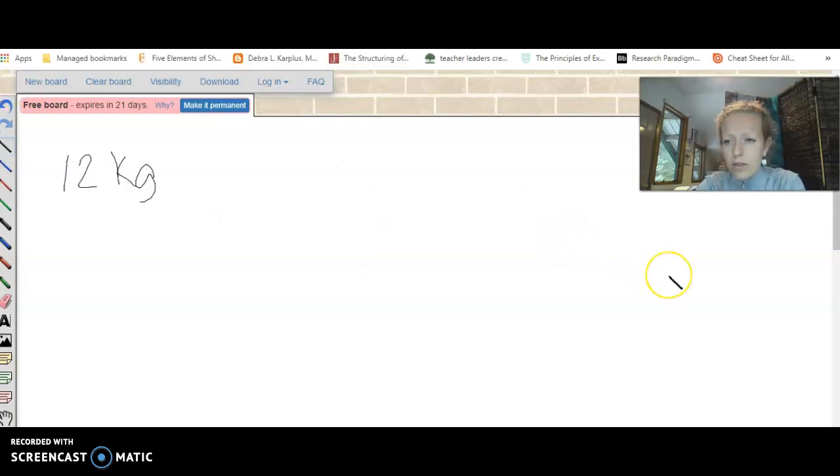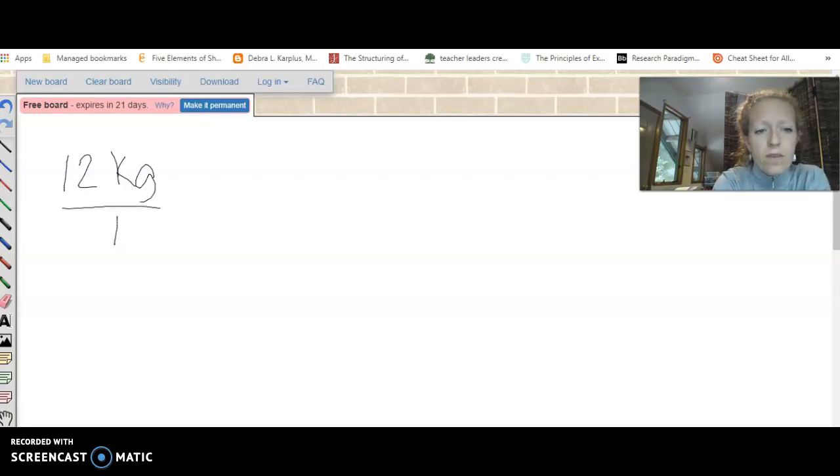All right, I'm going to start with 12 kilograms again, but we're going to go to milligrams this time. So we have our 12 kilograms over 1, and we need to follow our roadmap. We can't just jump right to milligrams. We need to go kilograms to grams to milligrams.